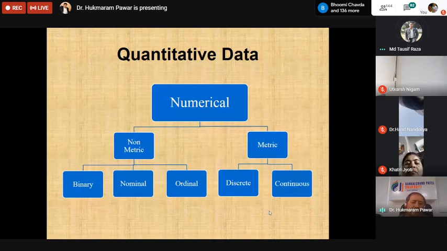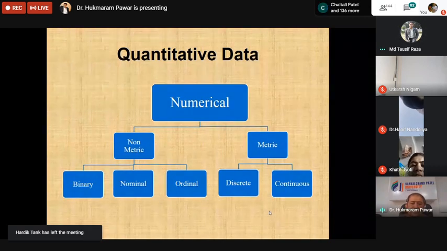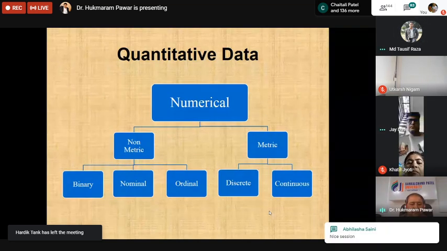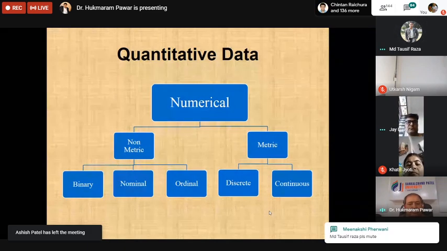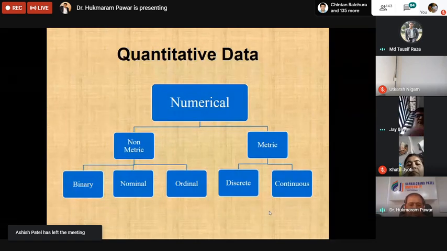Non-metric data are binary, nominal, and ordinal, and metric data are discrete and continuous data. So let's try to understand it. Here, there are some qualitative data, but we assign a number for the purpose of calculation, for the purpose of reaching a particular conclusion.